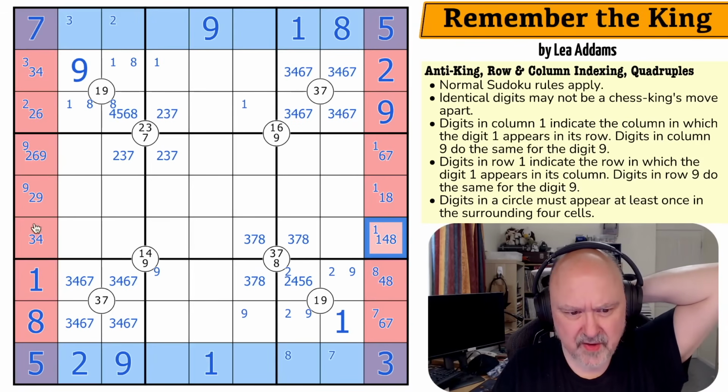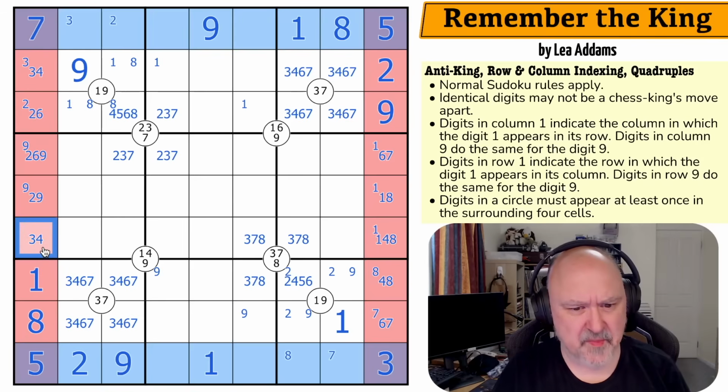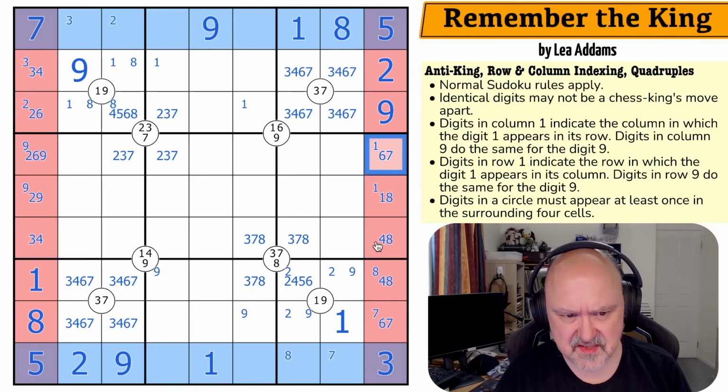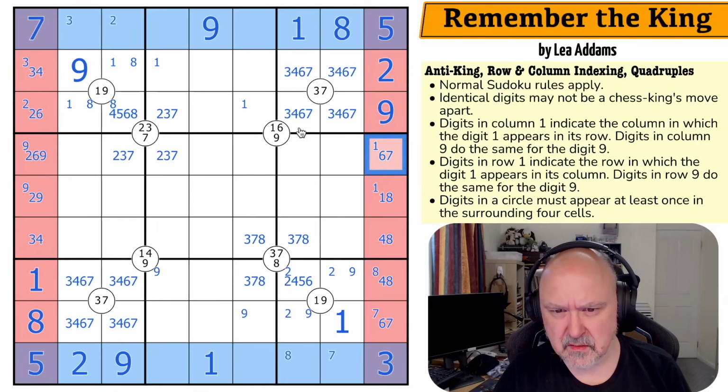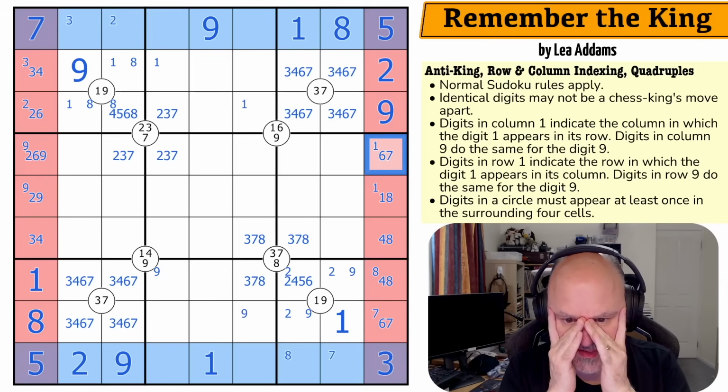Well, that can't be a 1, because then that would have to be a 9. If that's a 1, that would have to be a 9, and it can't be because that's a 3-4 pair. That's not the 1. Why have I taken 1 out of there? I did it for a reason.